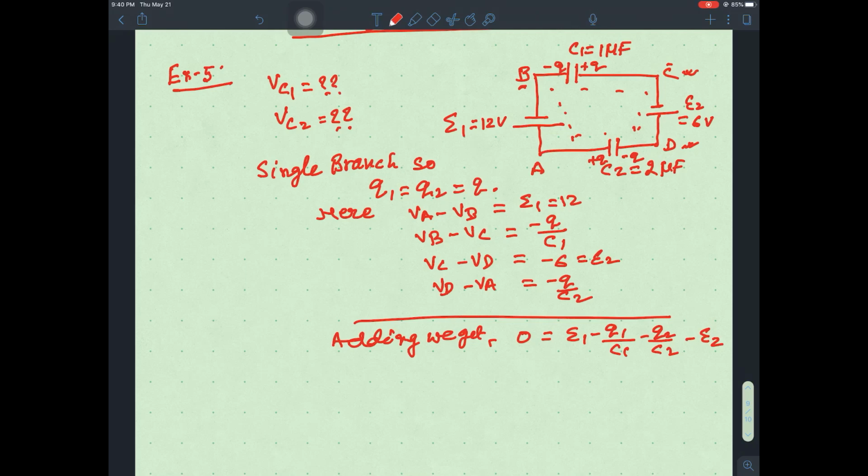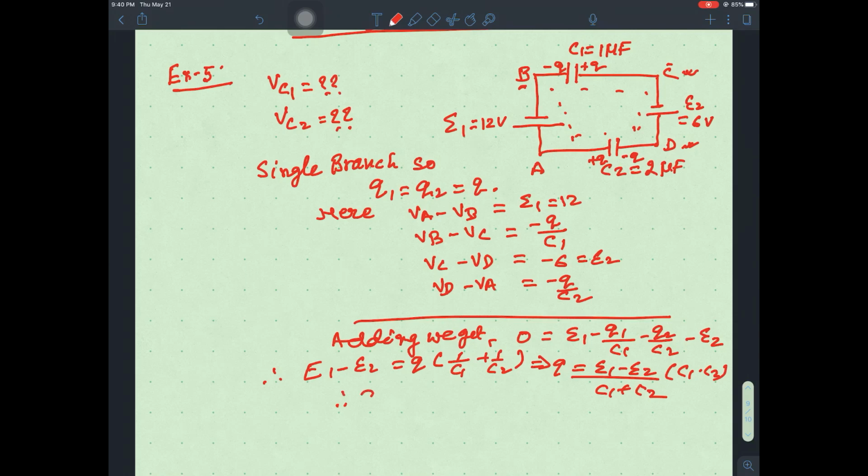Therefore E1 minus E2 is equal to Q times (1 by C1 plus 1 by C2). This gives us Q is equal to (E1 minus E2) by (C1 plus C2) into C1 into C2.